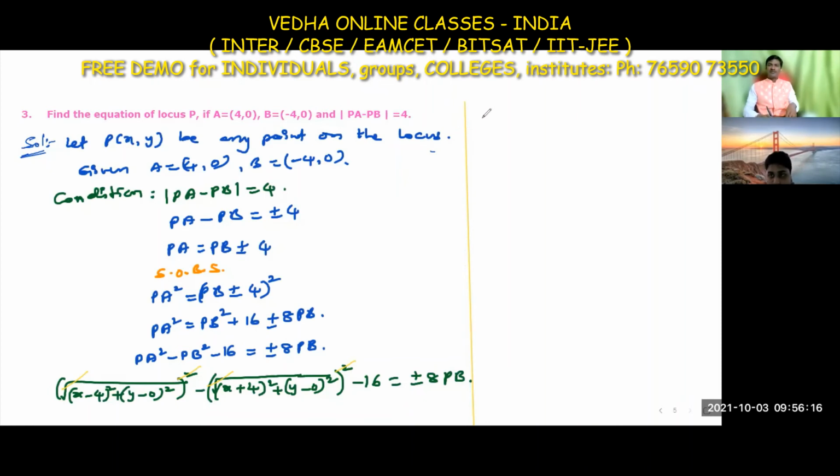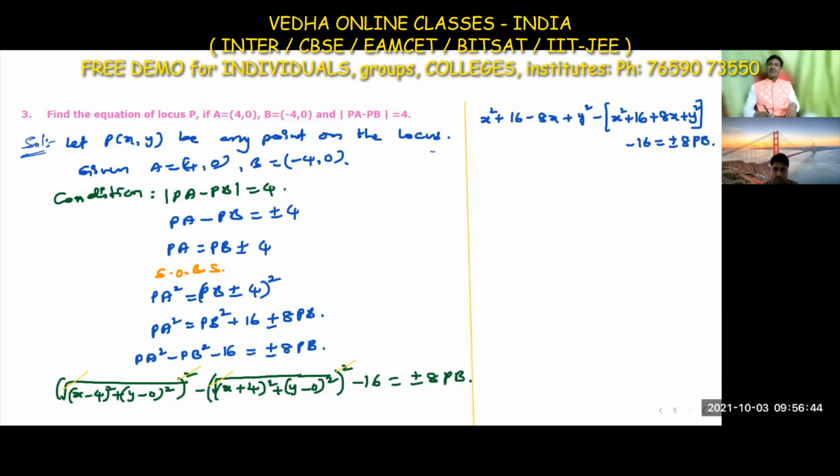Okay, x minus 4 whole square: x square, 4 square 16, minus 2 times 4 is 8x. Okay, and y minus 0 whole square, y square, and minus of x plus 4 whole square: x square, 4 square 16, 2 times 4 is 8x, plus y square. Okay, and minus 16 we have is equal to plus or minus 8 PB.